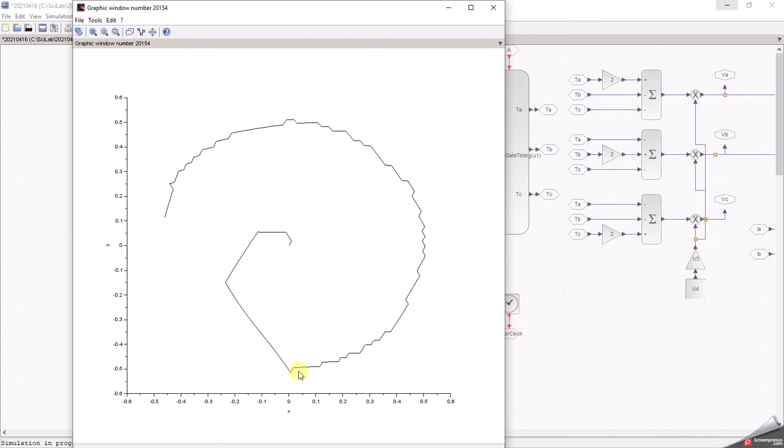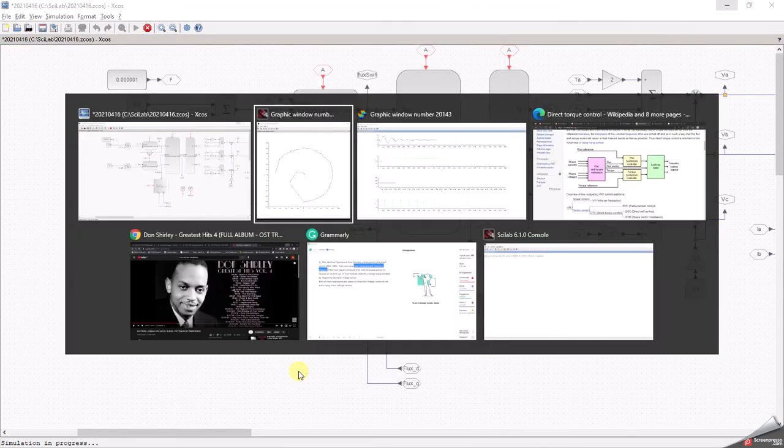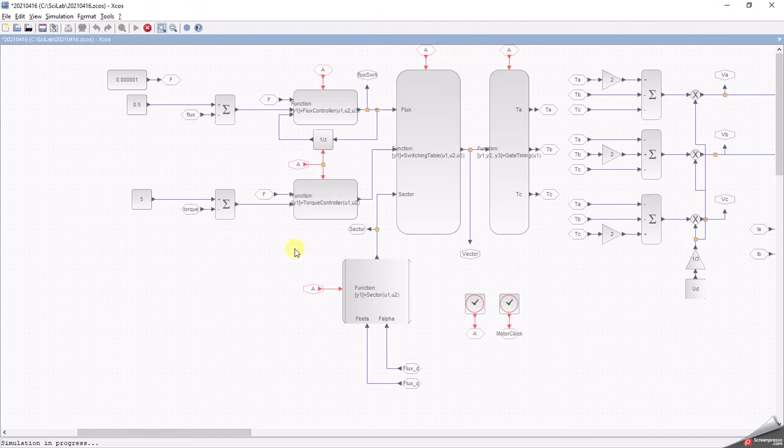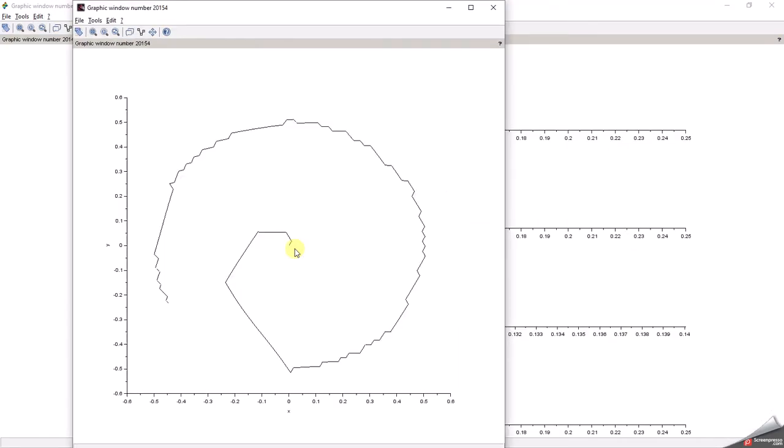And bearing in mind it's still tuning in there, stabilizing out, but it is actually controlling. Let's go back there. Don't want to miss the party. Here we go. So here it is.